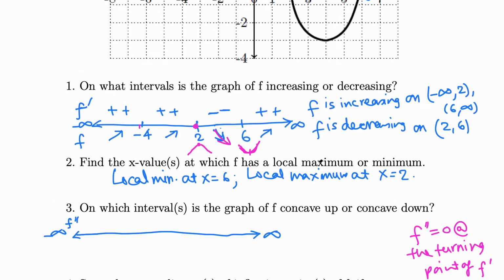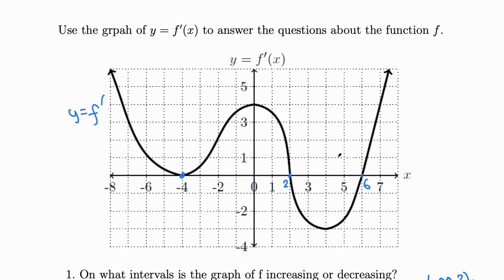Looking at the graph of f prime, we can see it is turning here, at -4, so the second derivative is 0 at -4, and again here, at 0.